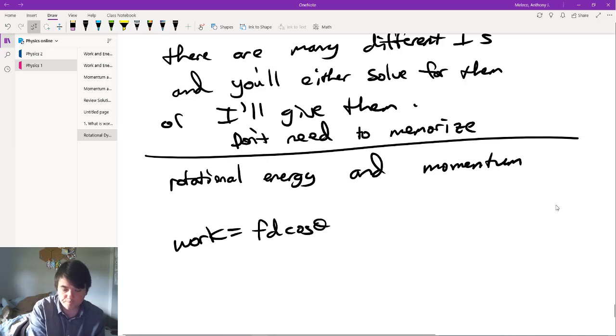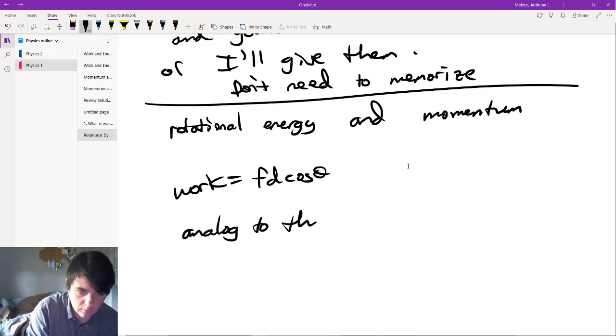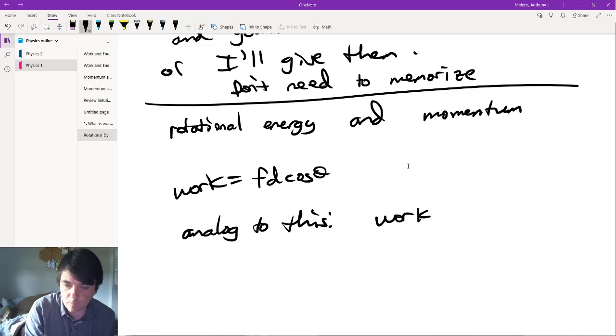The analog to this is work equals tau times change in angular position. So this is your force times change in distance, right? This is your tau times change in angular position. Okay, so it's basically the same thing.